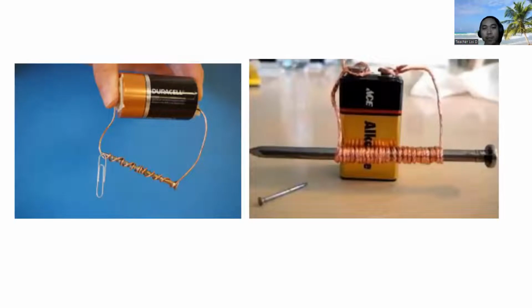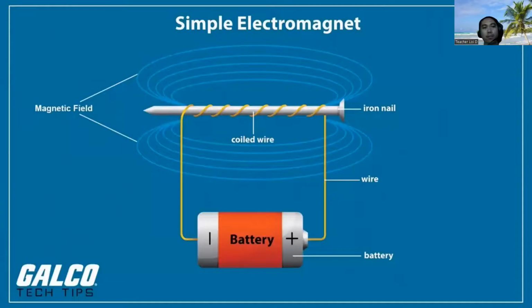Just like this. So yung electric current na galing sa battery, kapag yun ay dumaloy dito sa wire or sa coil na nakapulupot sa nail, mag-a-act ito as magnet or electromagnet or yung electromagnetism. Or nakaka-create ito ng magnetic field.